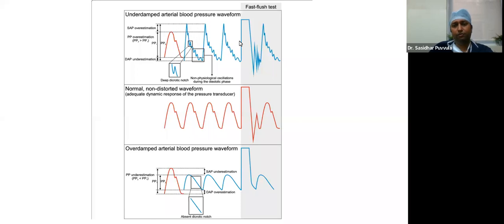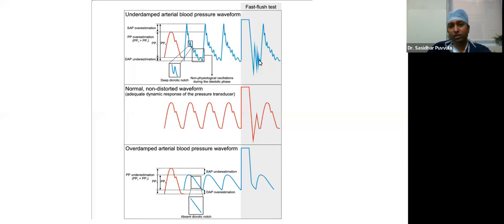See, in the middle, the red waveform is a normal waveform, where when you do the fast flush test, your pressures have acutely raised, and when you stop it, they come back to the baseline within 1 to 2 oscillations. If the waveform comes back to the baseline value within 1 to 2 oscillations, it is normal.